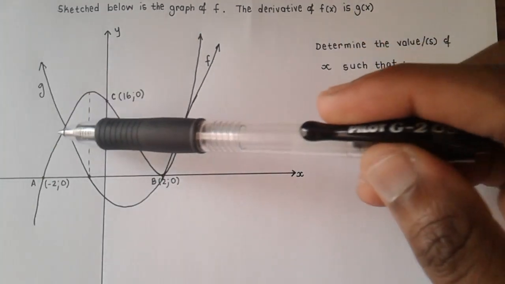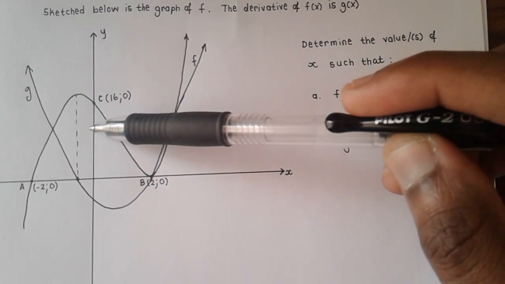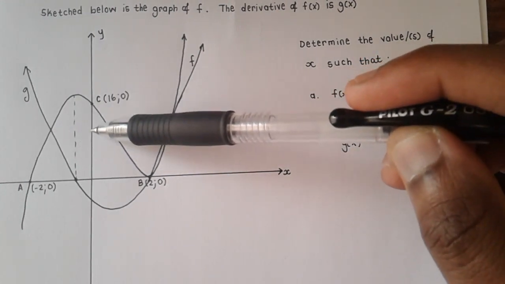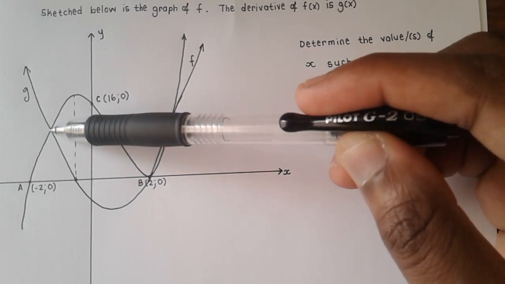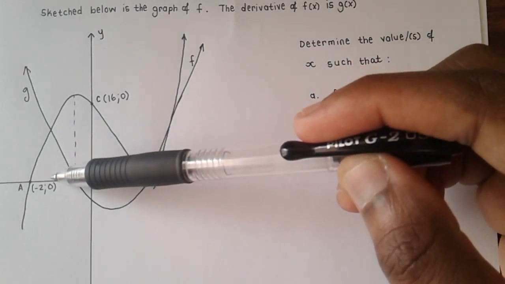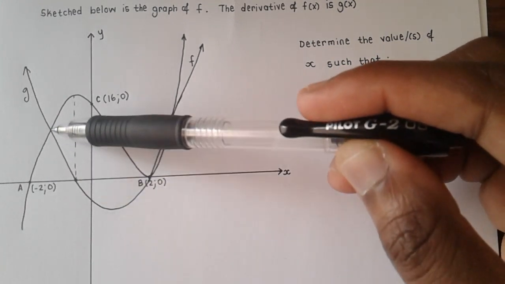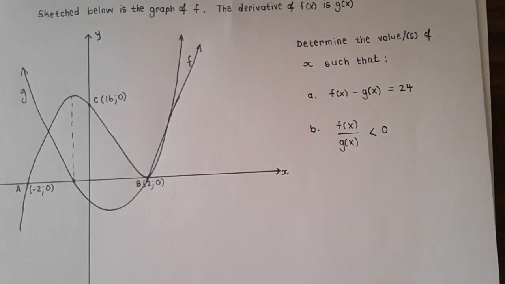Think to yourself, is it necessary to find this point of intersection? Look at the y value here. If that's a y value of 16, this is something less than 16. So that distance from there to here is definitely not going to be 24 if you eyeball it, because it's already less than 16.